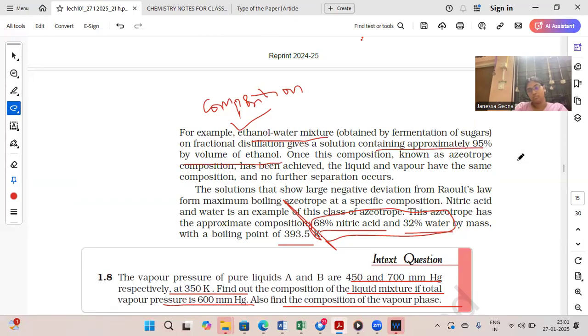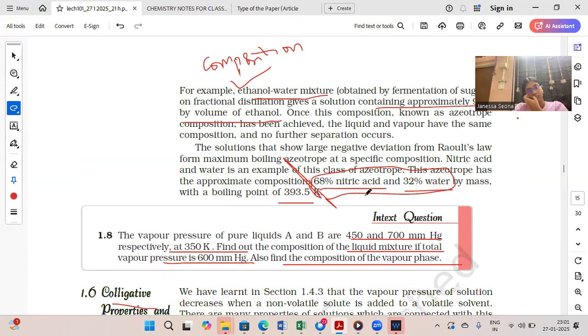Approximately 95% of ethanol and the rest 5% will be water. That is the typical azeotropic composition of ethanol and water. Likewise, the azeotropic composition for nitric acid and water is 68:32. You should not forget this particular azeotropic composition.